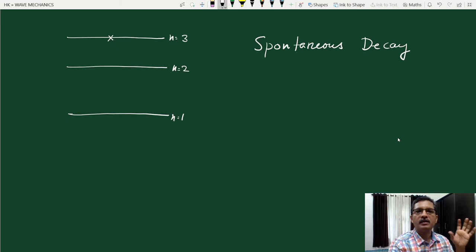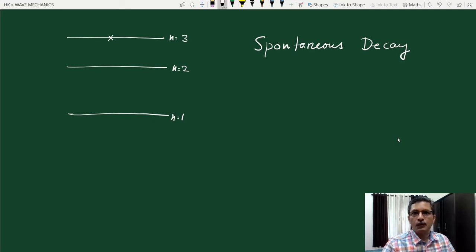When the electron is in an excited, higher energy state, it spontaneously undergoes decay, jumping down to lower energy states. It's called spontaneous decay, and the emission of a spectral line by this type of decay is called spontaneous emission.